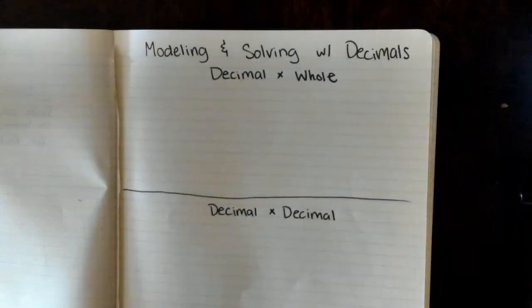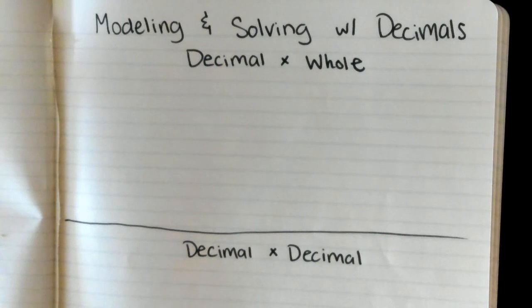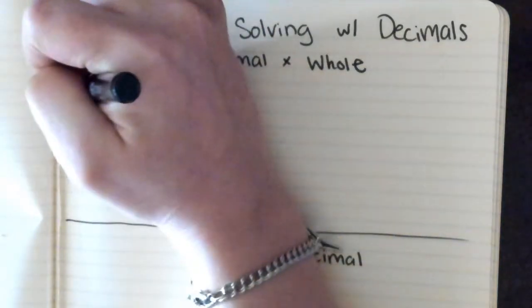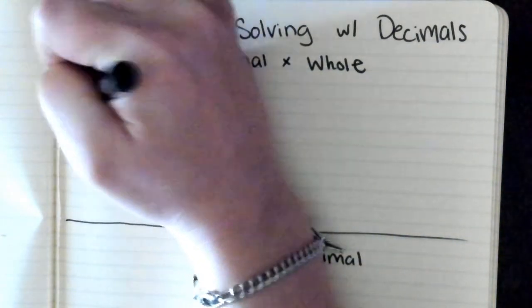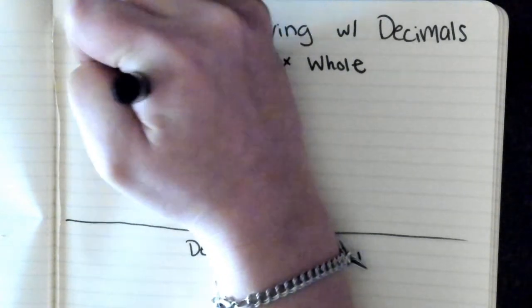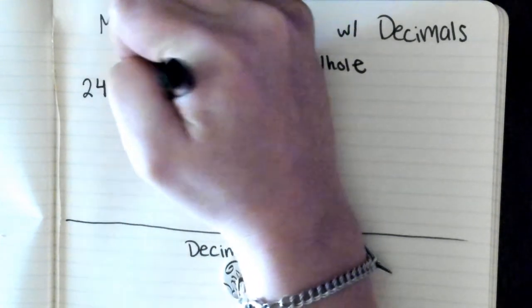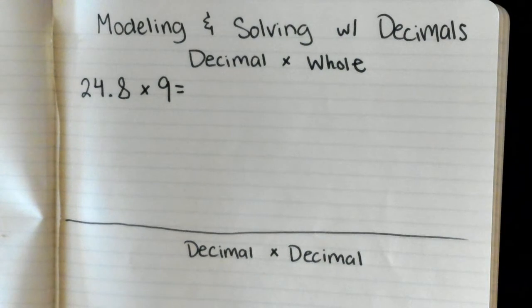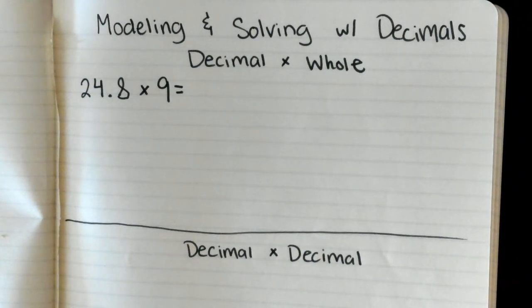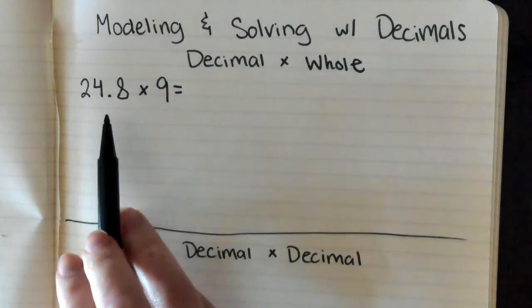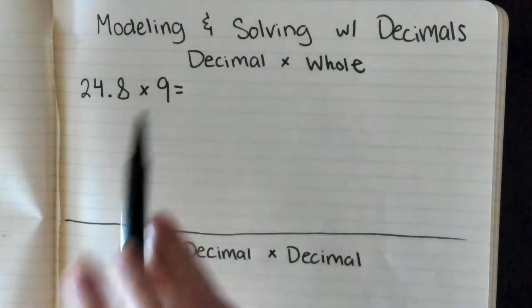We'll start by focusing on decimal times a whole. So in decimal times a whole, we're going to do 24.8 times 9. So we could sit here and draw a model of this. Now, what makes more sense? 24.8 groups of 9?